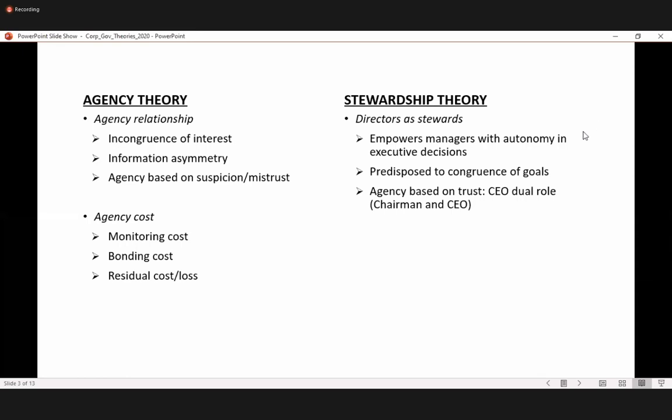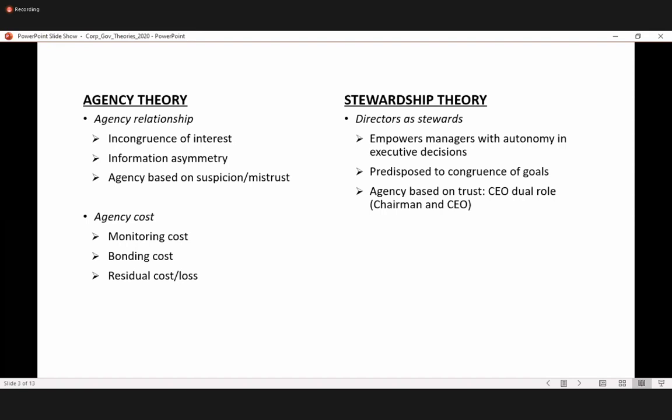His goals are in agreement with that of the principal, aligned, and this agency is based on trust, so much so that as a consequence, the CEO plays a dual role of chairman of the board and CEO of the corporation.